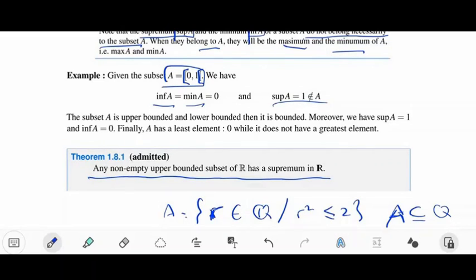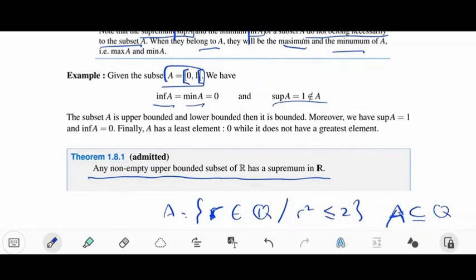And we can prove that since there is no number less than square root of 2 which is an upper bound, we are sure that square root of 2 is an upper bound of the set. Okay, so it's the least upper bound. We can prove this. I'm not showing the proof in here, but we can prove this.